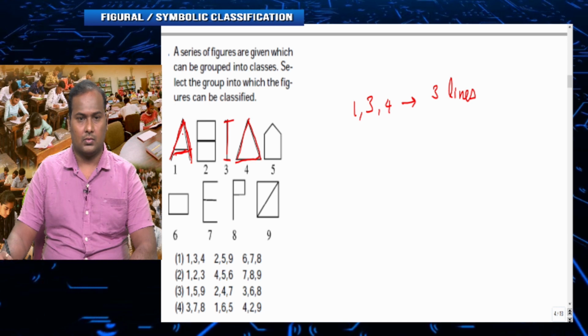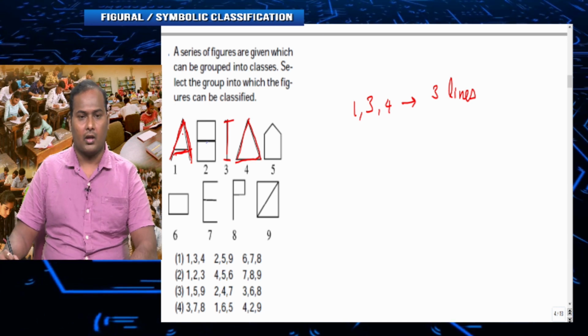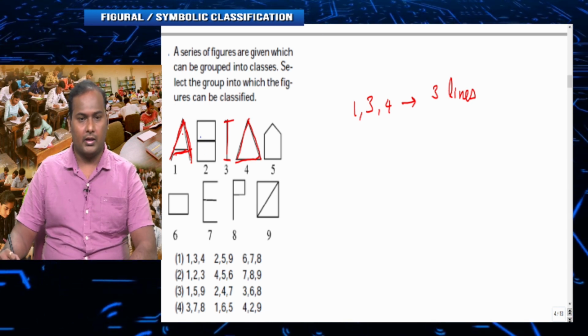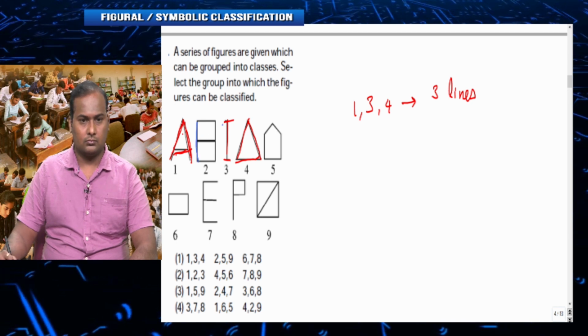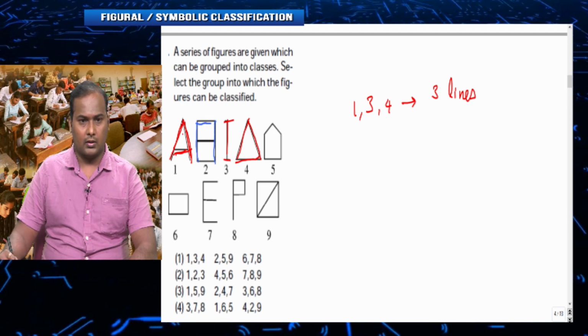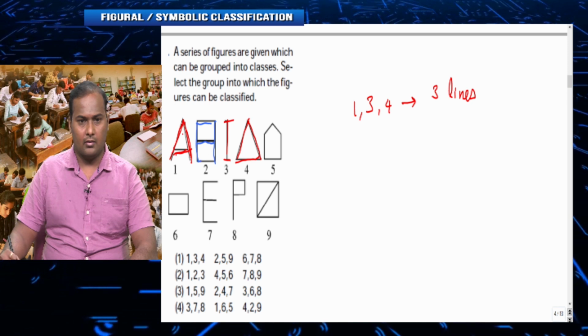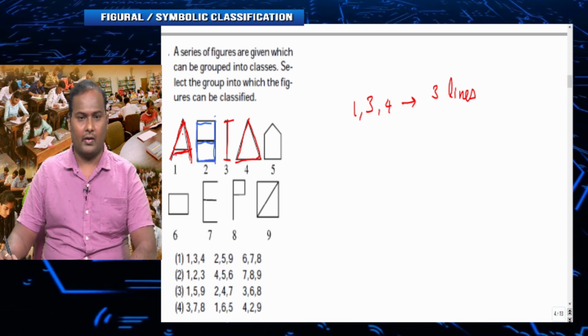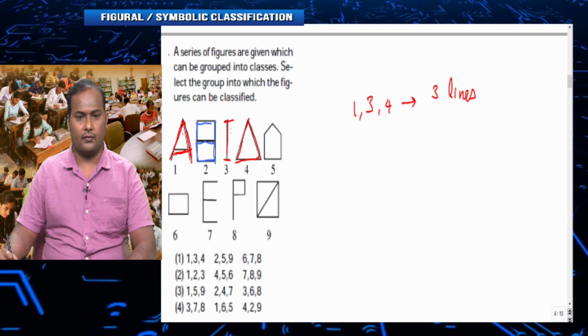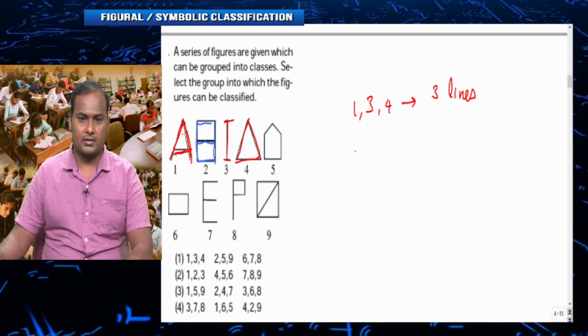Now see the second group. In the second figure, how many lines are there in total? 1, 2, 3, 4 and 5. Total 5 lines. So check other figures where you can see 5 lines.